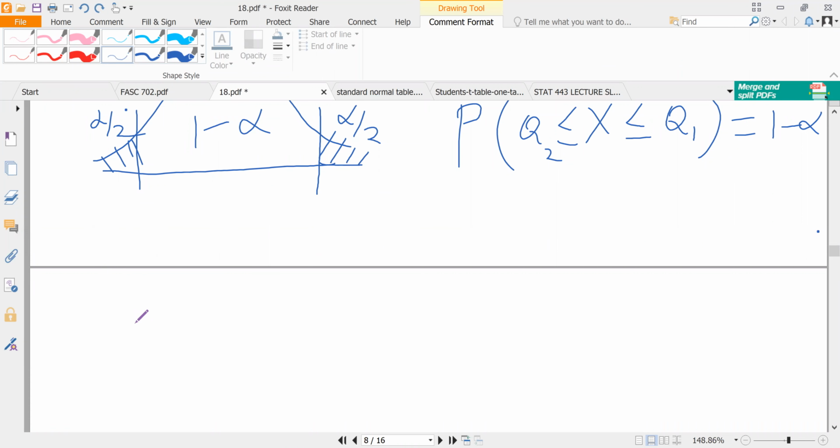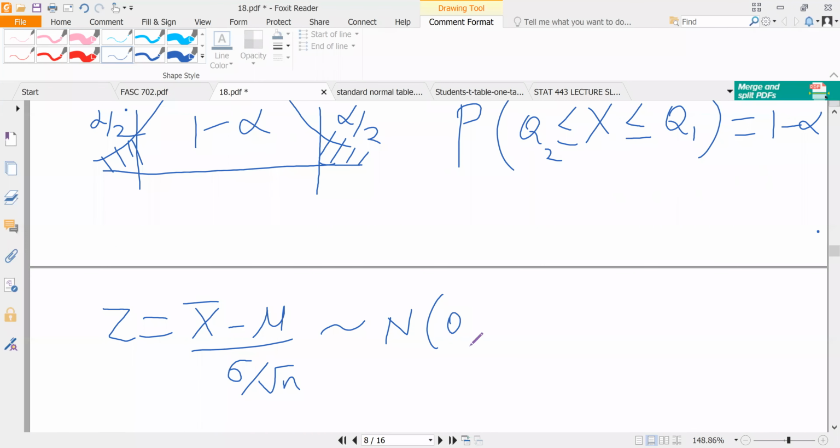One was Z equal to X bar minus mu all over sigma over root n, and this had a standard normal distribution, with mean 0 and variance 1.